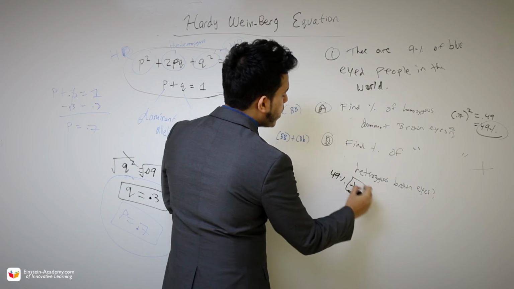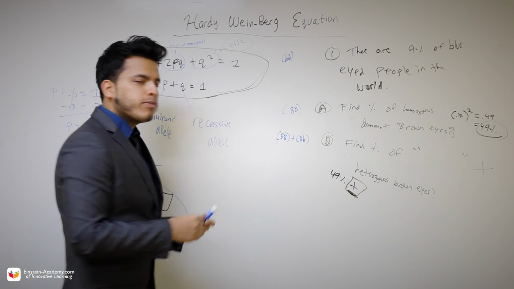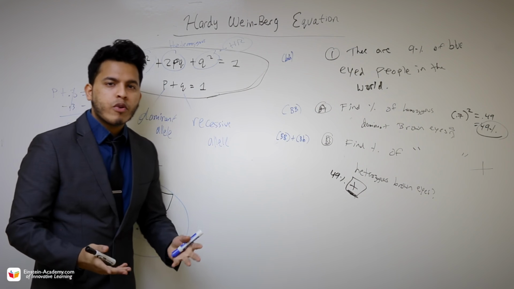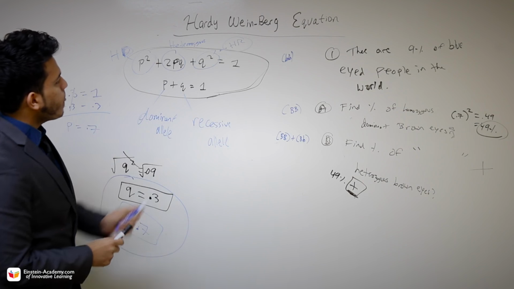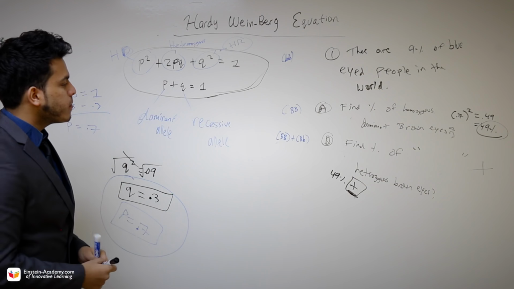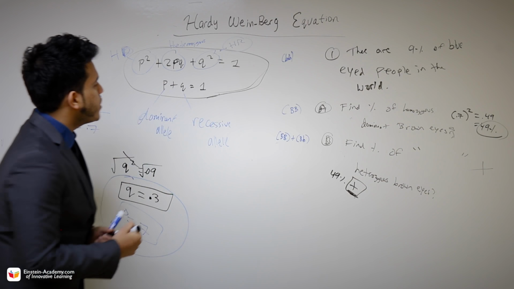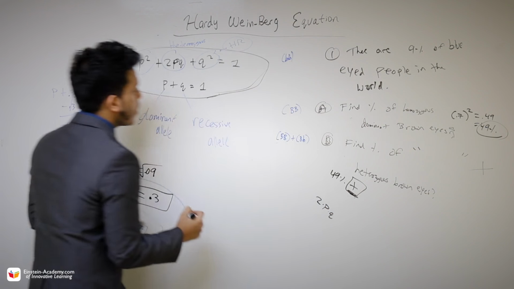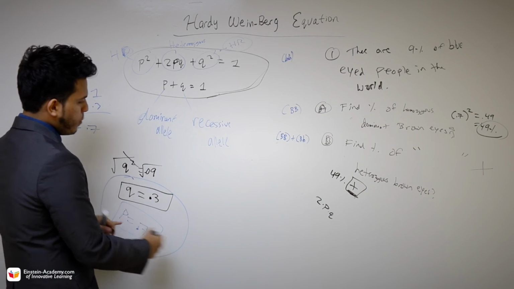Plus, remember, you have to add heterozygous brown eyes. Take a second. Where do we find out the value of heterozygous? Heterozygous is represented by 2pq. 2 times p times q. What is the value of p? 0.7.